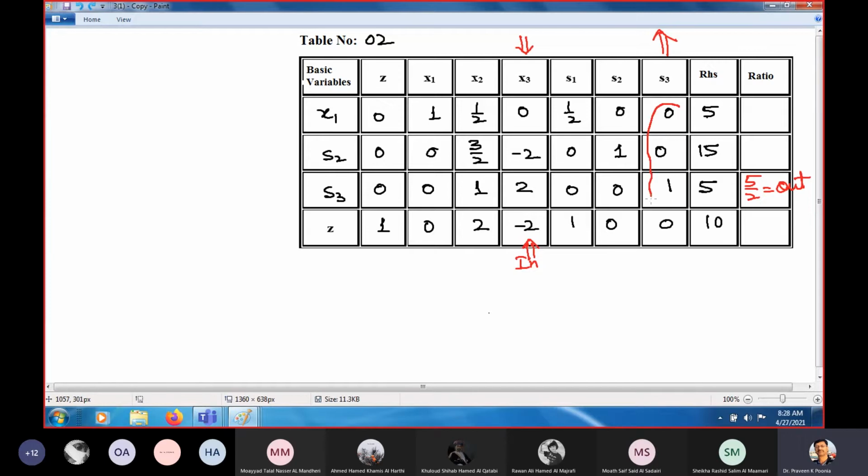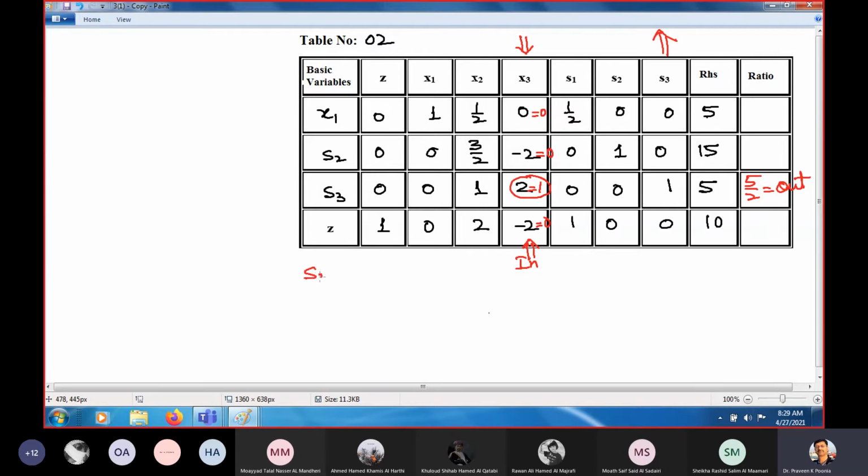Now you need to create this one: 0, 0, 1, 0. That means this is 0, this is 0, this is 1, this is 0. Now you need to change like this. First we are going to change it into 1.